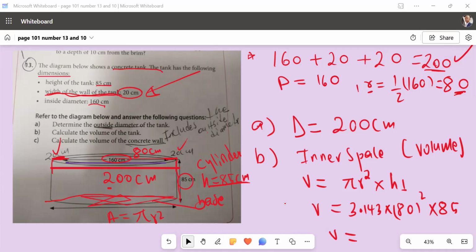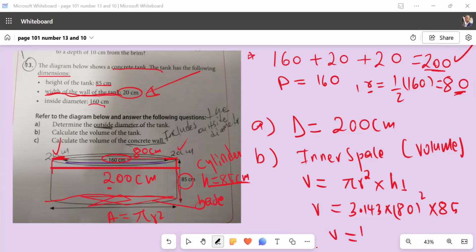Let me delete this. I start again. 3.143, I multiply by 80 squared, which is the same as saying 80 times 80. Then I have to multiply by 85. So I obtained this number here. It didn't disappear, I still have it here.